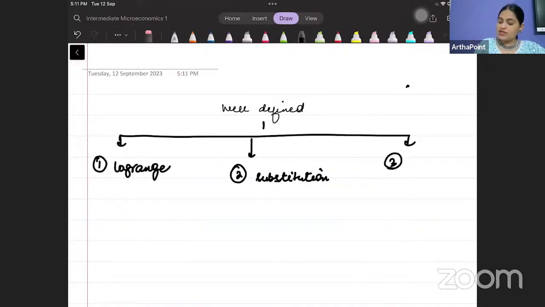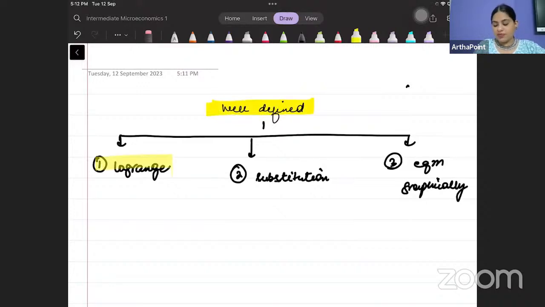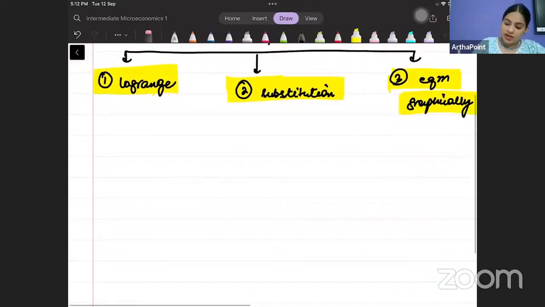And one is called the method of equilibrium, the graphical method. Okay, beta. So in order to solve well-defined preferences, there are 3 methods: Lagrange, substitution, and method of graph. अब इसमें से हमें पहला मेथड समझना है, Lagrange.